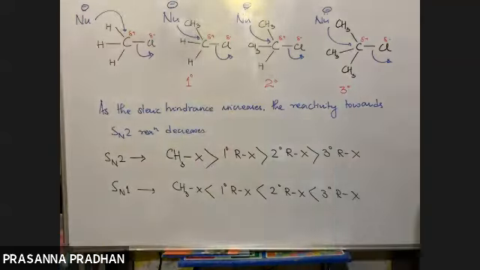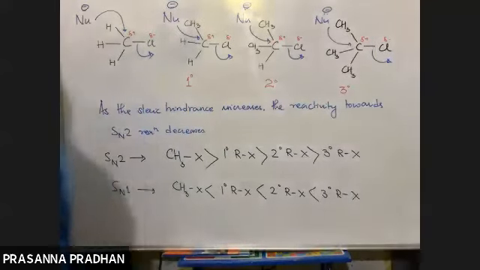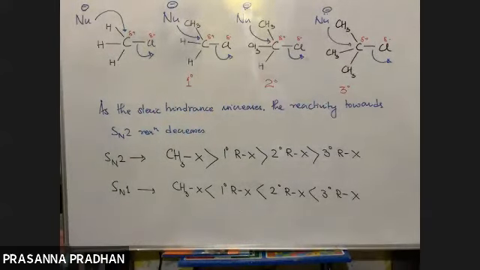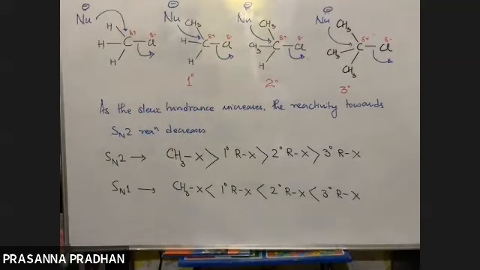And remember, in the SN2 reaction, how will you discuss the reactivity? The reactivity depends upon the ease with which the nucleophile can attack the carbon atom. It depends on the steric hindrance. So as the steric hindrance increases, the reactivity towards the SN2 reaction will decrease.